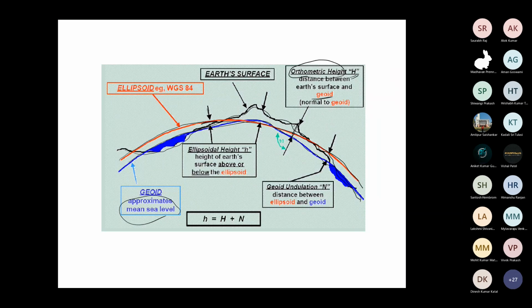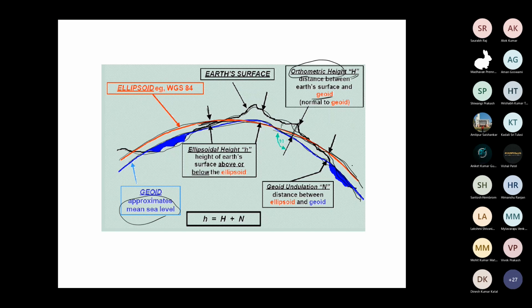This distance is called the ellipsoidal height. Geoid undulation, N, is the distance between the ellipsoid and the geoid. So these are the different ways we can define it.